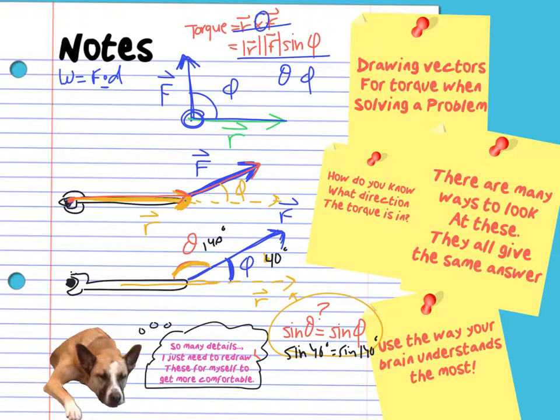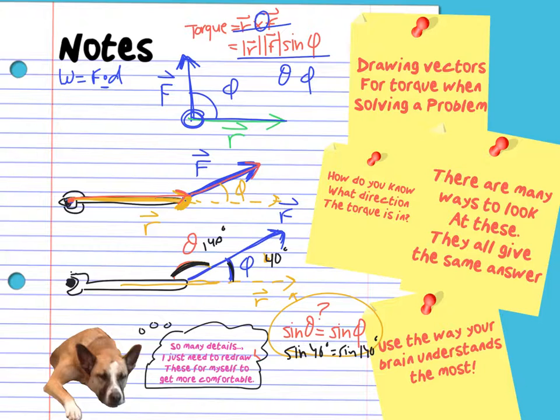Because there's a lot of different ways when we start doing static equilibrium that you could be looking at these vectors. It may seem like I'm making things more complicated right now, but really I am not. Your angle between the vectors, you could pick this one or this one. It doesn't matter. Your sine of each of those is equal to the same value.